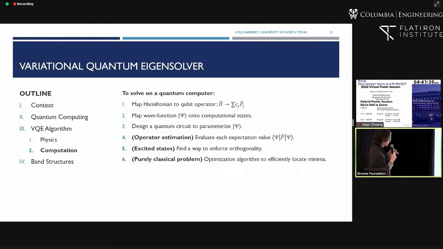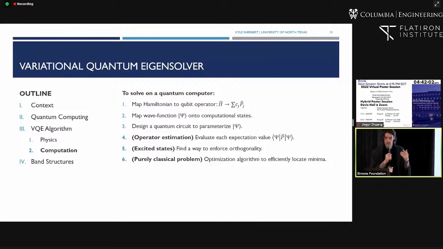And then finally, we need to have some quantum circuit that prepares a computational state corresponding to a physical state, prepares a computational state in a parameterized way. And that will let us tweak the quantum circuit until we find an energy that gives the minimum.